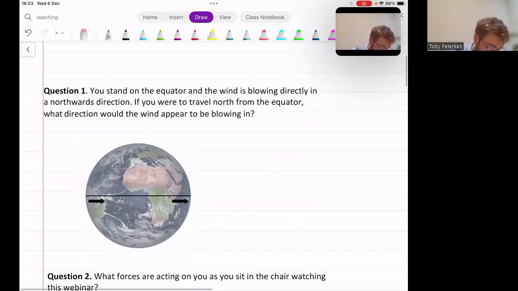Okay. So the first question is, you're standing on the equator and you feel the wind blow directly north. If you were to then travel north from the equator, what direction would the wind appear to be blowing in?